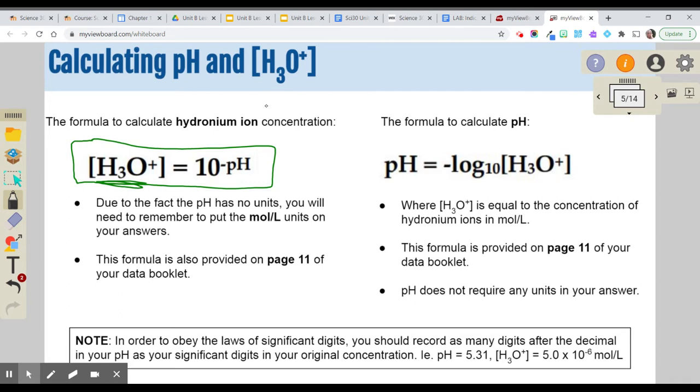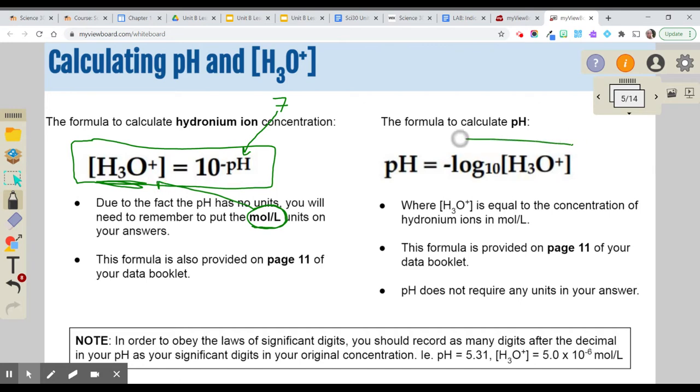So maybe the pH is 7, whatever it is. You would plug that 7 in for the pH. So it's 10 to the negative 7. This is an exponent here. There are no units with pH, so you don't have to put any units into this formula, but you do need to remember that concentration for hydronium ions will be in moles per liter.